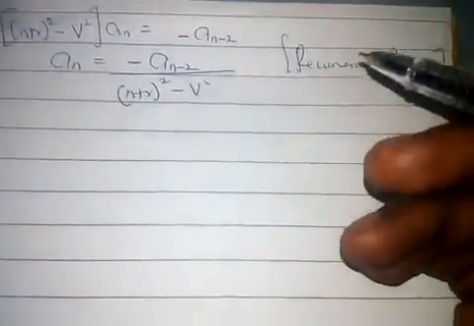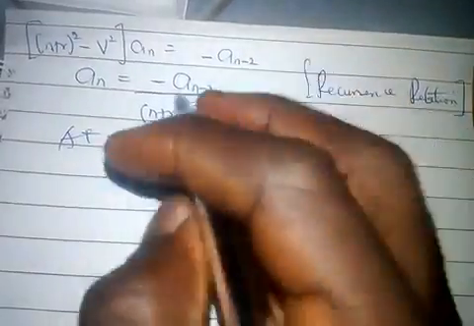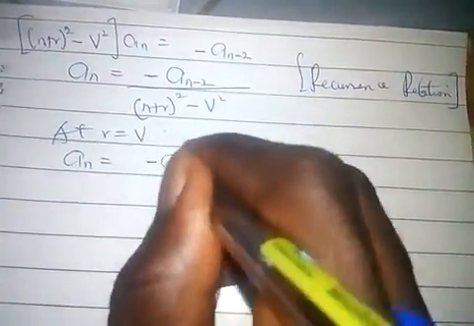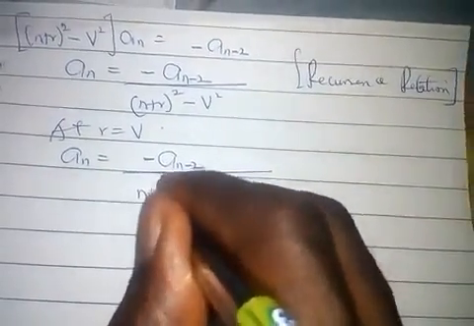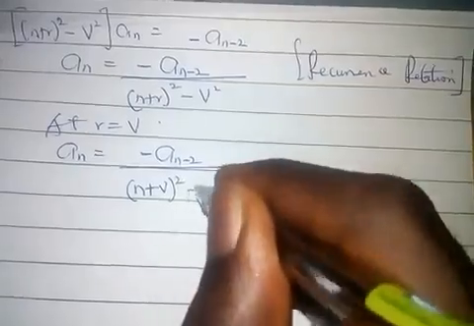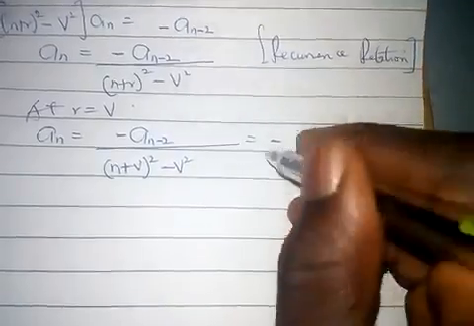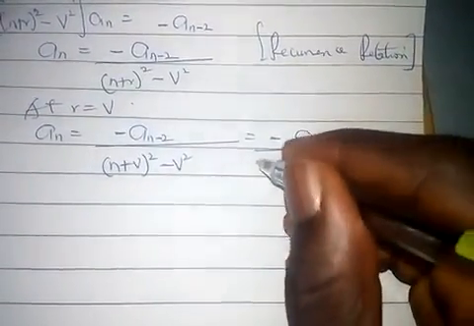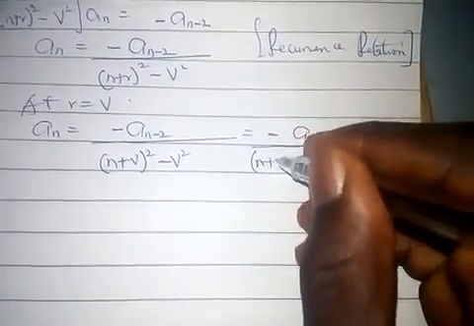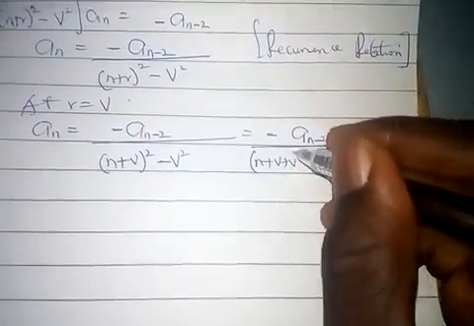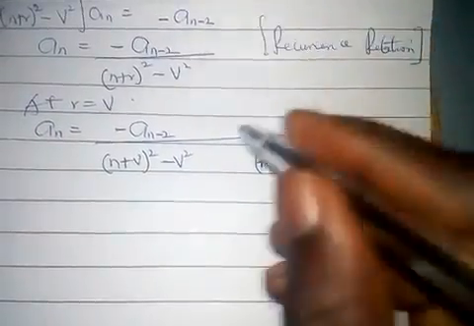Alright, now let's start with r equal to v. Then a_n will be minus a_{n-2} all over (n + v)² minus v². We can open the bracket if that's what you wish to make it easier.